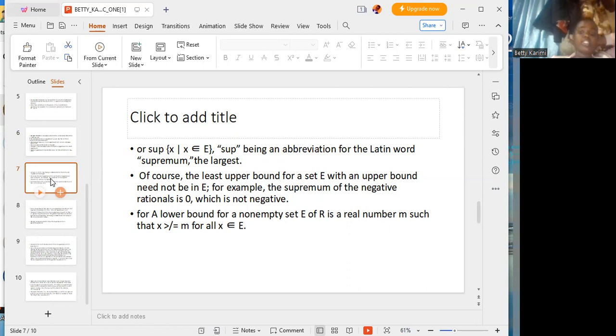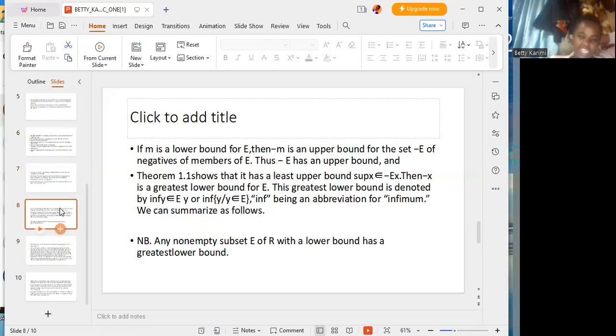A lower bound for a non-empty set E of R is a real number M such that x is greater than or equal to M for all x element of E. If M is a lower bound for E, then negative M is an upper bound for the set negative E of negatives of numbers of E. Thus, negative E has an upper bound, and Theorem 1.1 shows that it has a least upper bound, the supremum of negative x, x element of E. Negative of this is the greatest lower bound for E. This greatest lower bound is denoted by inf x, x element of E, inf being an abbreviation for infimum.